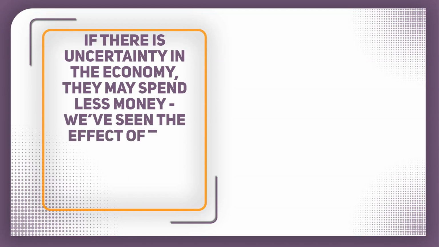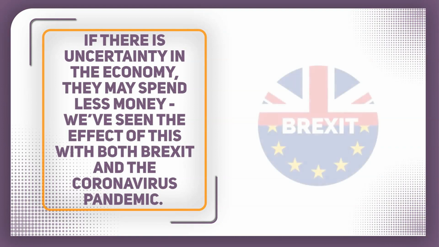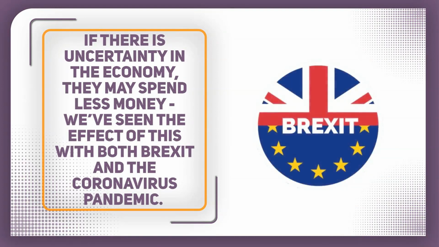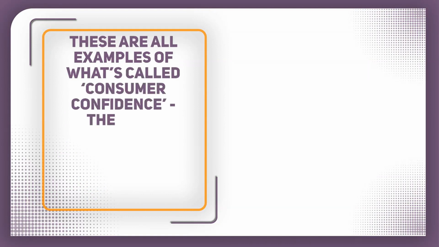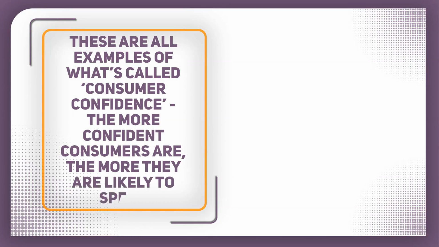We've seen the effect of this with both Brexit and the coronavirus pandemic. If house prices are increasing, then homeowners may feel more wealthy and confident about spending money. These are all examples of what's called consumer confidence. The more confident consumers are, the more they're likely to spend.